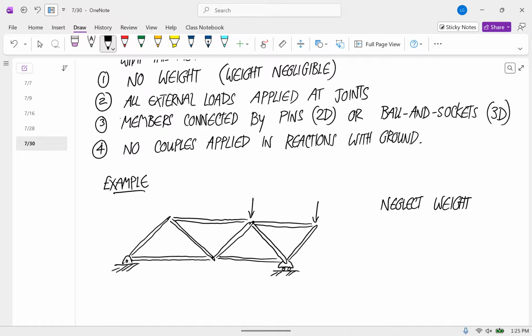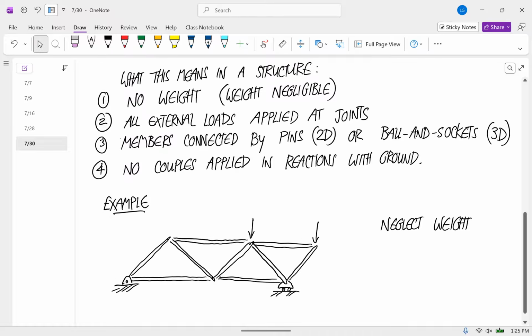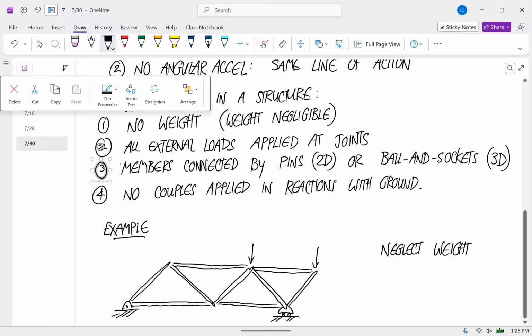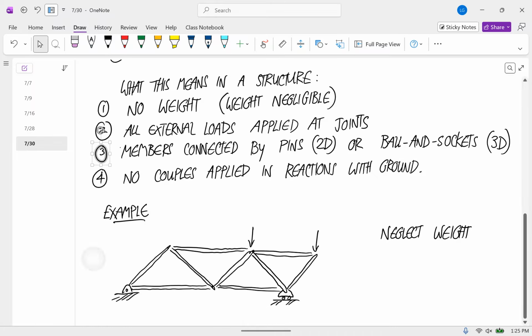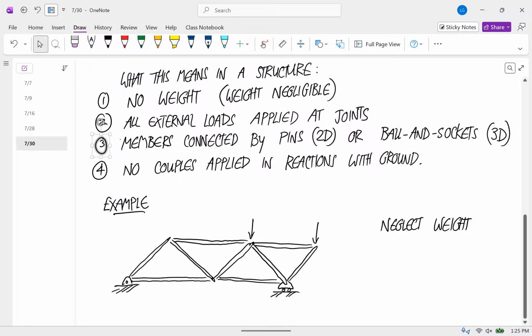Okay, so let's just go through those 4 requirements that I have here, what this means in a structure, and we'll make sure that this meets all those requirements. So first, is the weight negligible? Yes, it says to neglect the weight. So we're good there. Second, all external loads, are those applied at the joints?